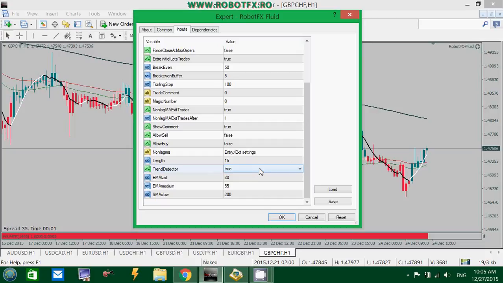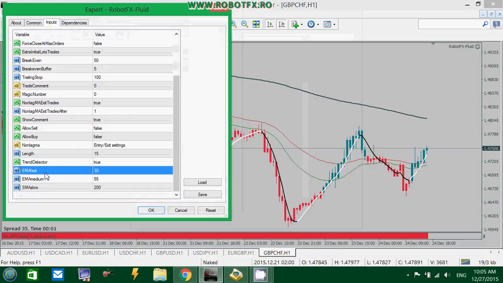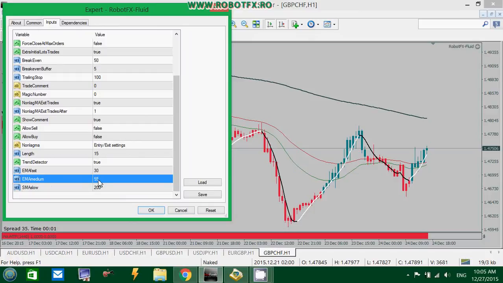If the trend detector is enabled, in other words set to true and not false, it is based on 3 moving averages: 2 exponential moving averages, EMA fast and EMA medium, of 30 and 55. These are the default settings that you can change, and you can change other settings to suit your desires.